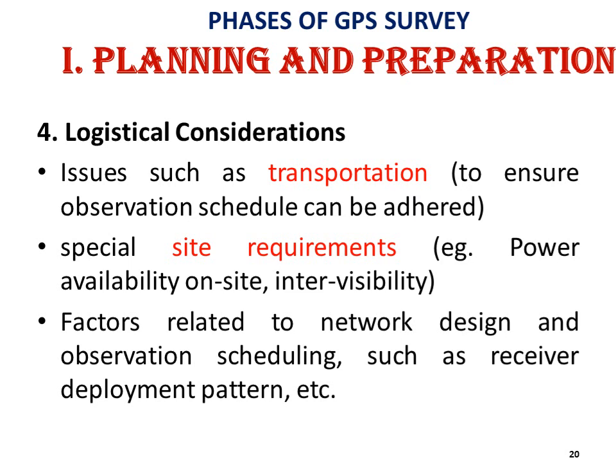Sometimes there will be a visibility problem when we are doing the surveying, where one point will not be visible to take the reading, so that we have to cut something down. Such problems should be considered. And factors related to network design and observation scheduling, such as receiver deployment pattern, etc. All these come under logistical consideration.